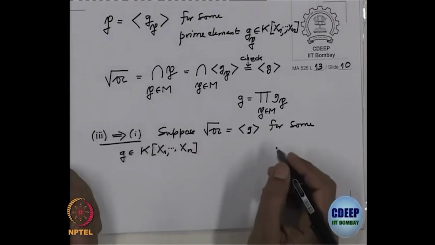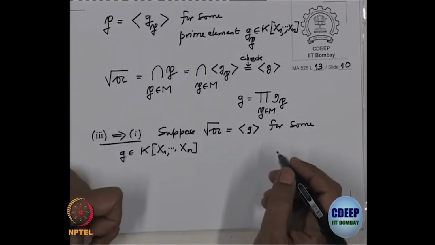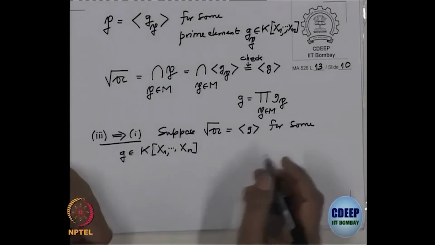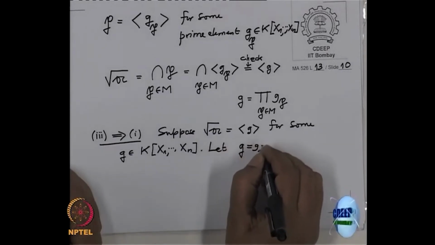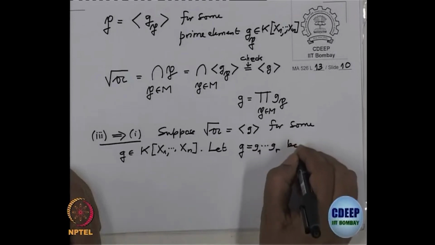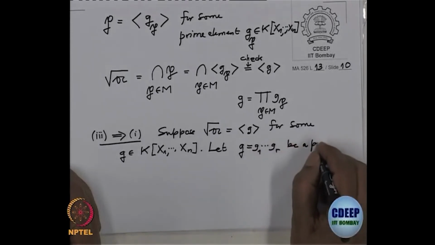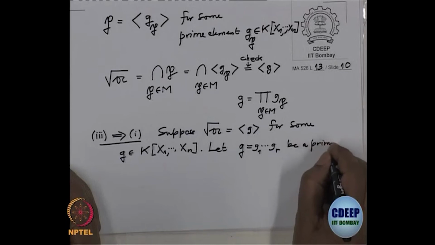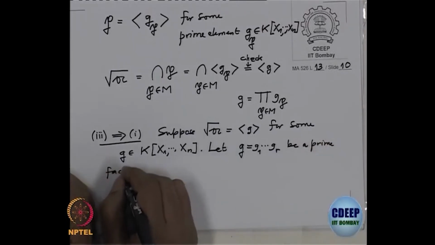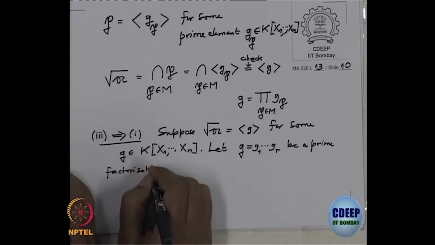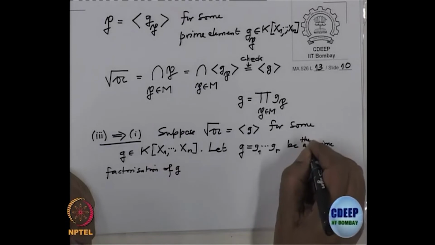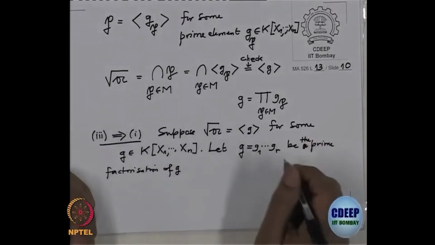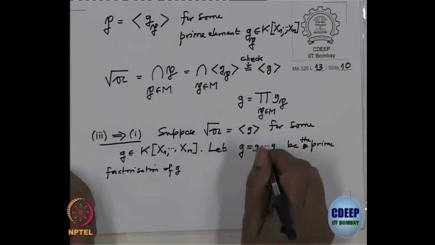And now what can you do? You have an element in a unique factorization domain, therefore, you can consider its irreducible factorization. So, let G equal G1 to Gr be a prime factorization of G, up to order and up to units.